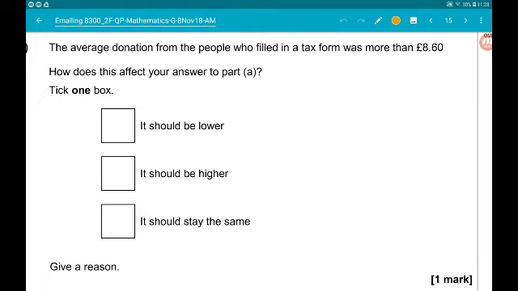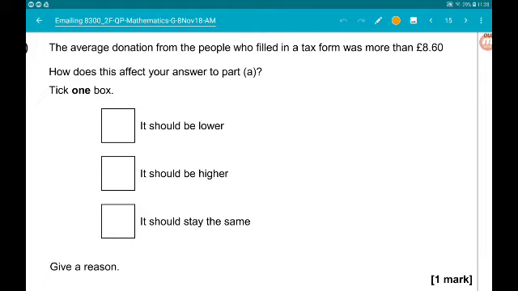Okay, then for part B, the average donation from the people who filled in a tax form was higher or more than £8.60. How does this affect your answer to part A? Tick a box, give a reason. So, just think about it. The people that fill in a tax form make more money because the government adds 25%.